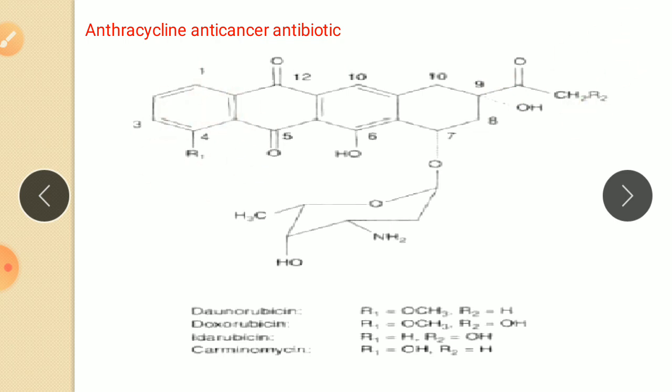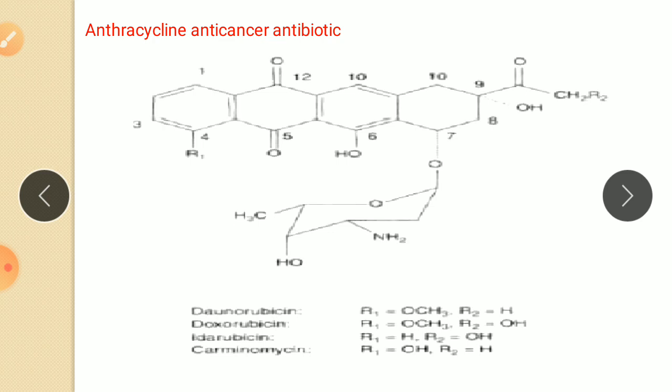In daunorubicin, R1 is a methoxy group and R2 is hydrogen. Doxorubicin: R1 methoxy group, R2 hydroxyl group. Idarubicin: R1 hydrogen, R2 hydroxyl group. Carminomycin: R1 hydroxyl group, R2 hydrogen. These are the examples of anthracycline derivatives.